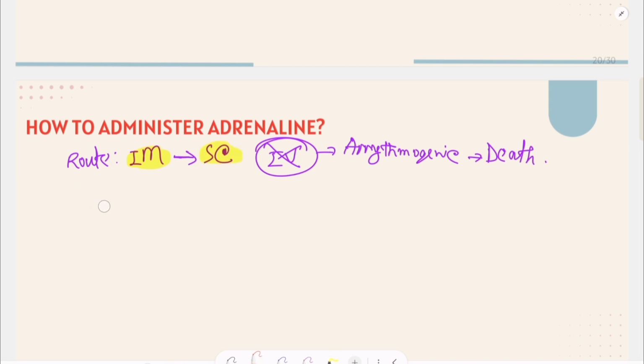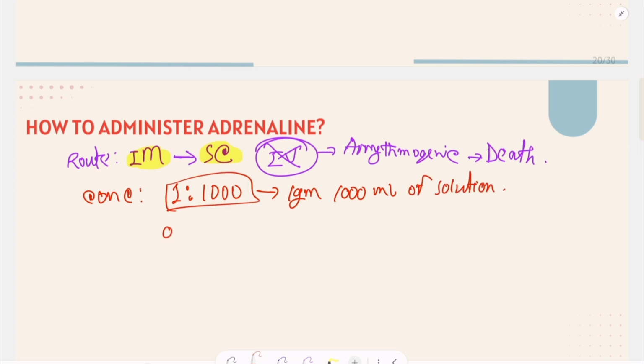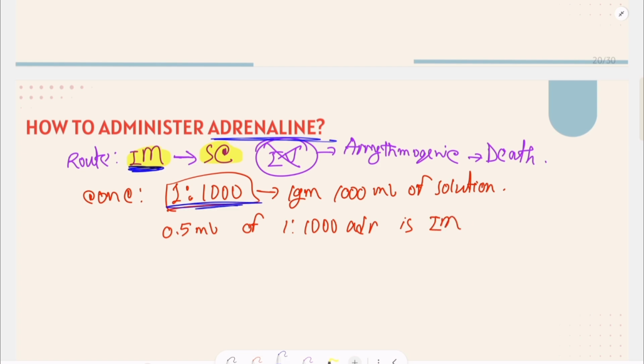Now, the concentration of adrenaline used is 1 in 1000. This means 1 gram of adrenaline is dissolved in 1000 ml of solution. So 0.5 ml of 1 in 1000 adrenaline is given as the intramuscular dose. 99% of the patients will improve with this dose.